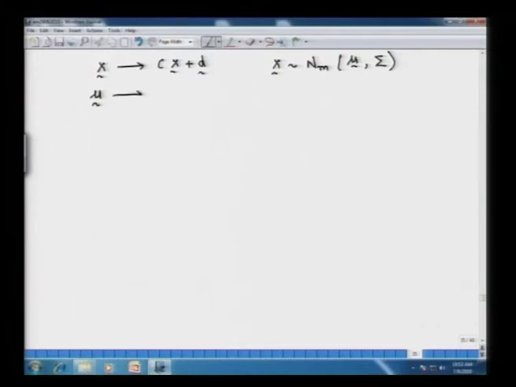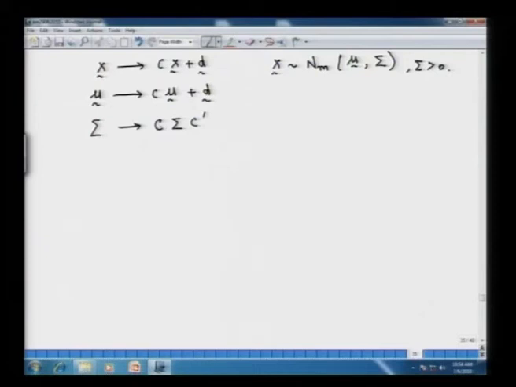Then with this transformation mu will be changed to C mu plus D, and the associated variance covariance matrix sigma, which we take to be positive definite, is going to be changed to C sigma C prime.